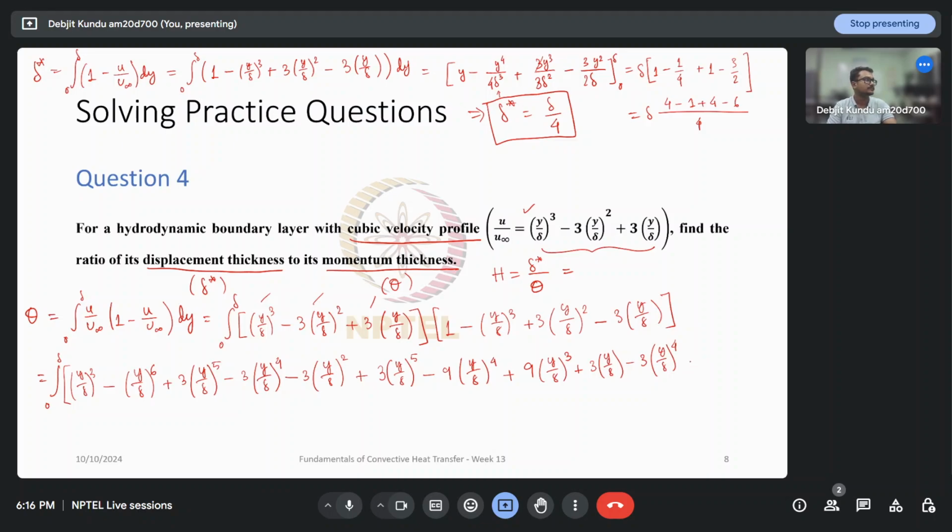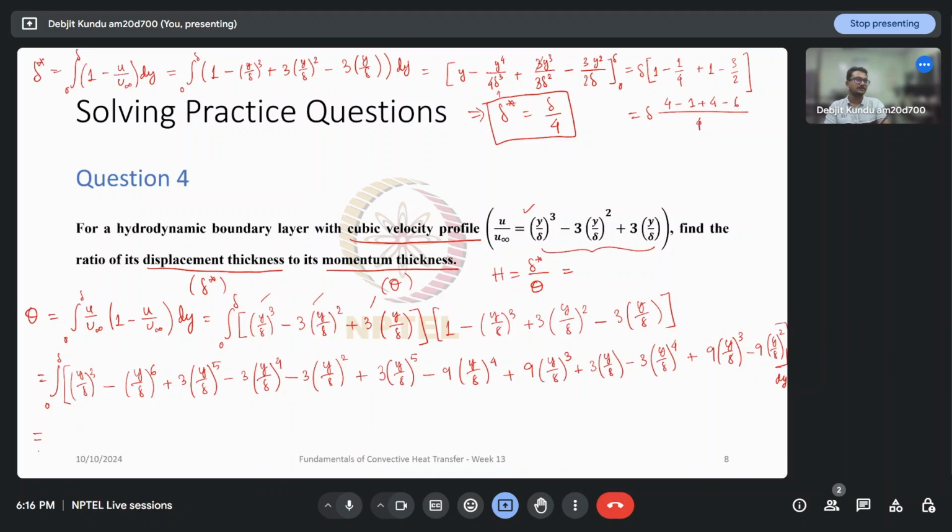Then we will get plus 9y by delta, 2 plus 1, 3. And the last term would be minus 9 y by delta powers 1 plus 1, 2. And this whole thing has to be integrated with dy.